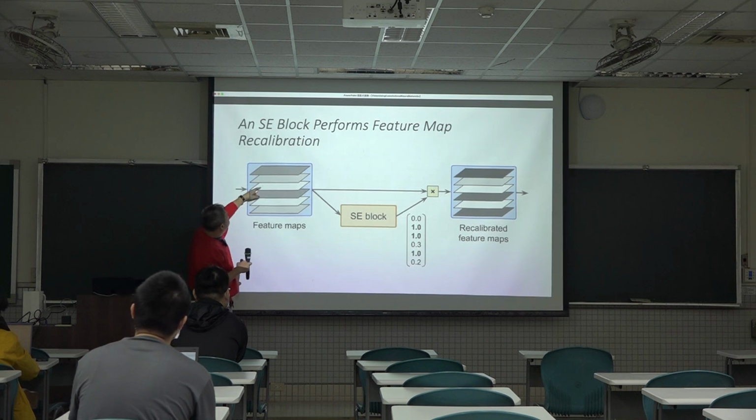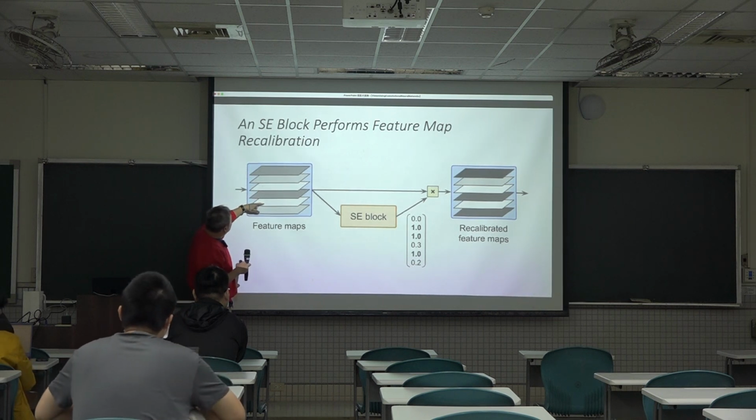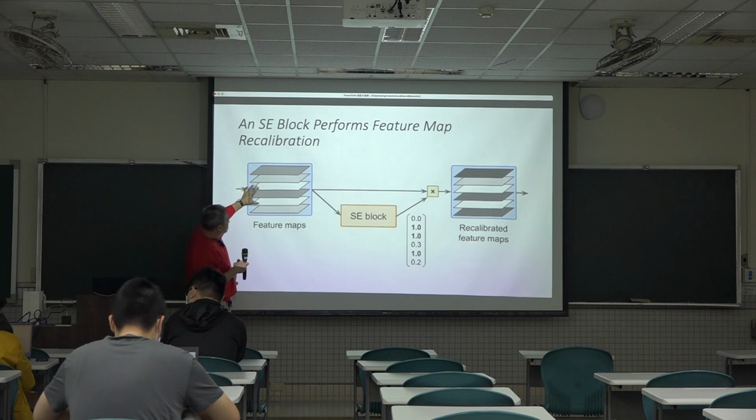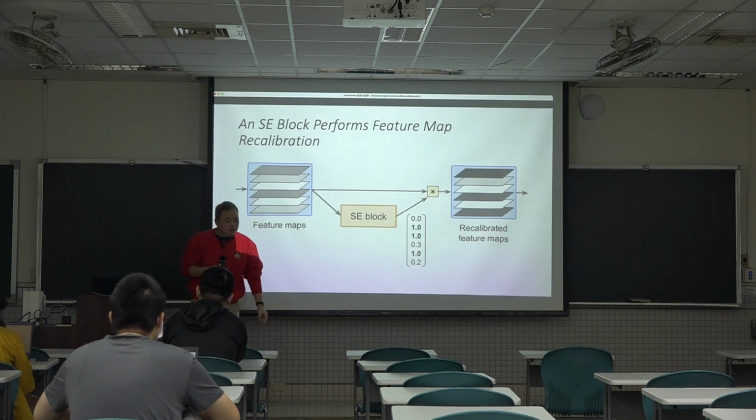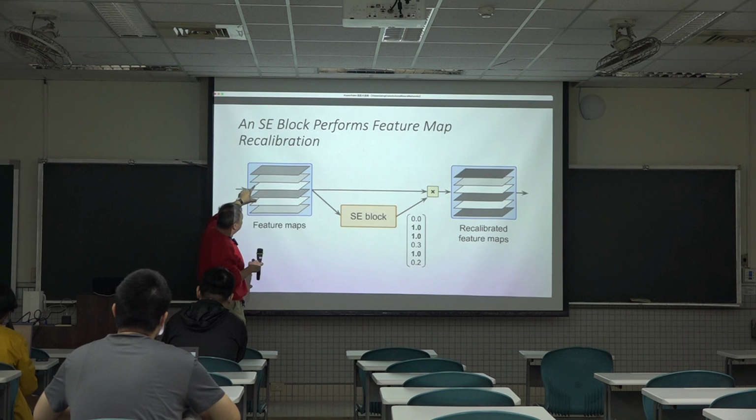We can assume these two represent the mouth and the nose. Assume that the second feature map represents the eyes, but for some reason, it is not as active as the mouth and the nose ones.